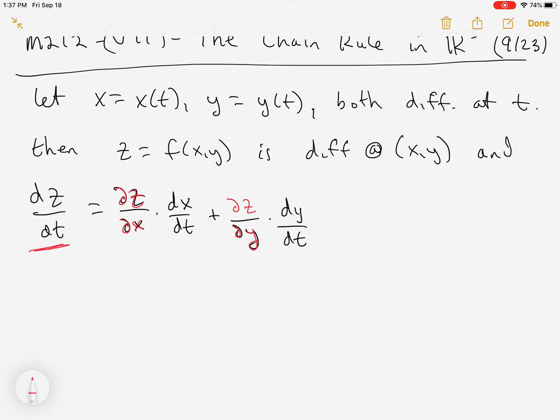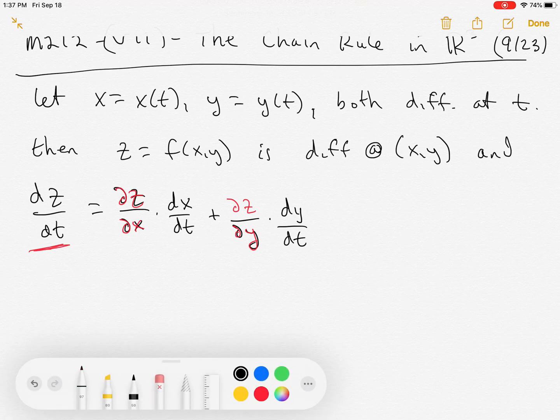Okay. So the chain rule works, but you have to incorporate the partials because we're working in 3 space. All right.